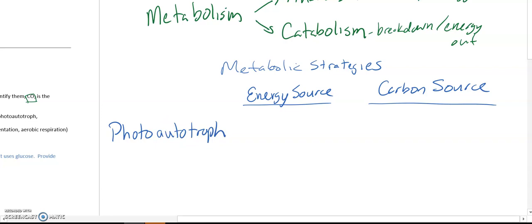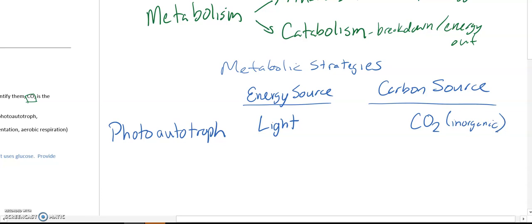Now, in a photoautotroph, the first part of this metabolic strategy tells you the energy source. So what's our energy source for a photoautotroph? Light. Now, the autotroph means self-feeding. So it makes its own food from CO2, which is inorganic.